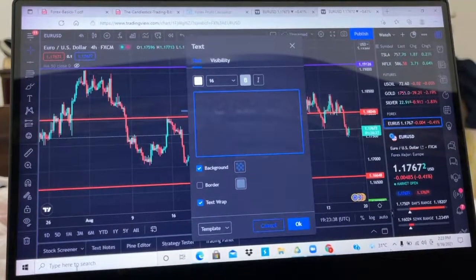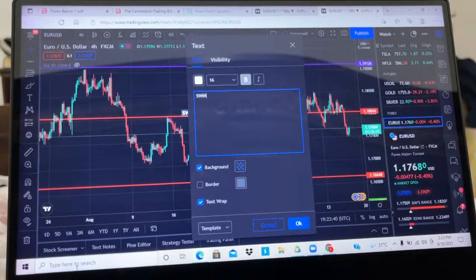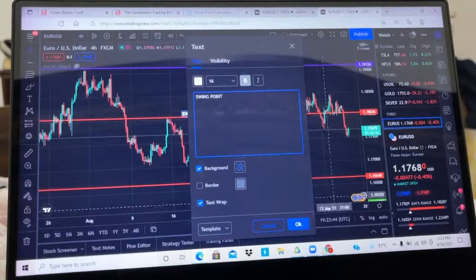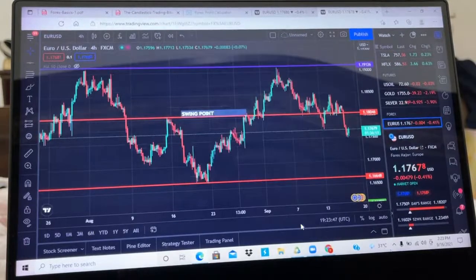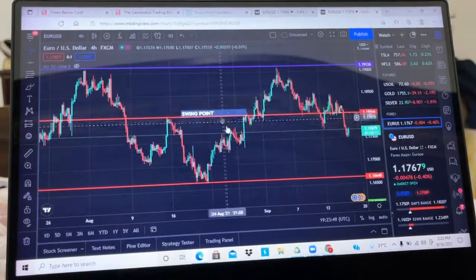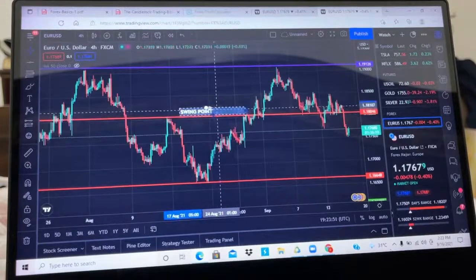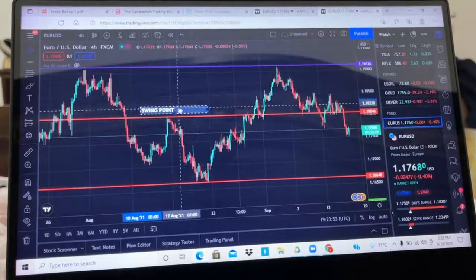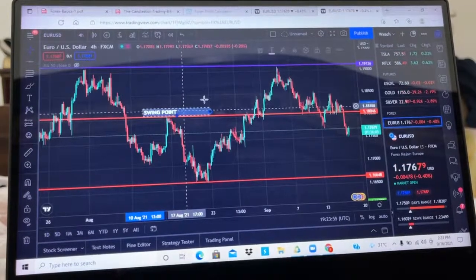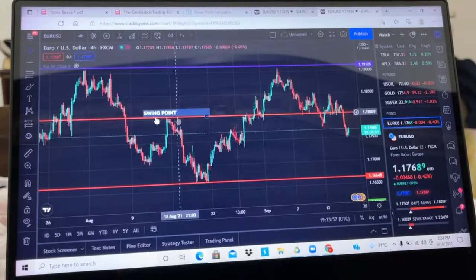So that's just going to put swing point. And then what we can do to build up this note, we can move it around. Right? So we know at that point it's the swing point for sure.